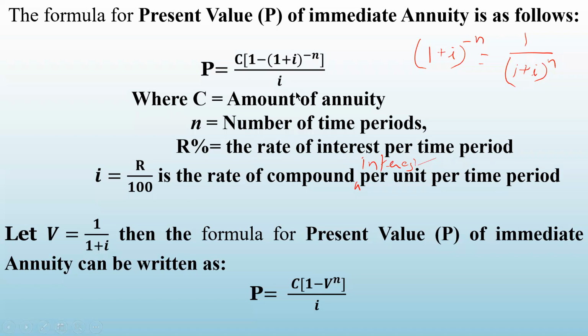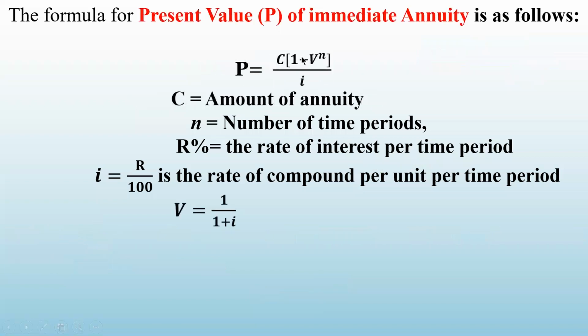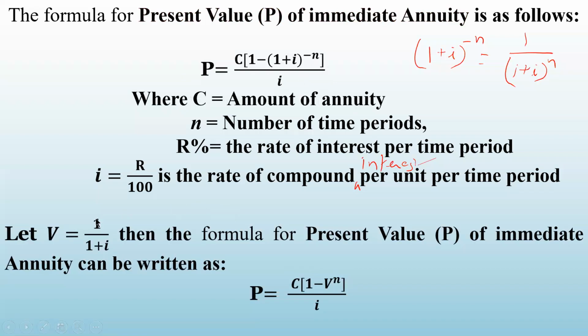Okay, and then the same formula can now be written as P equal to C into (1 minus v raised to n) divided by i. What is v? v is 1 divided by (1 plus i). Because to calculate, you will have to convert this negative power into positive power. This is the way we convert.